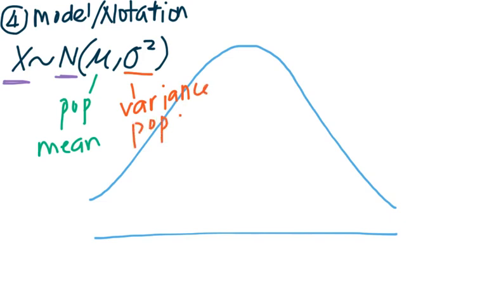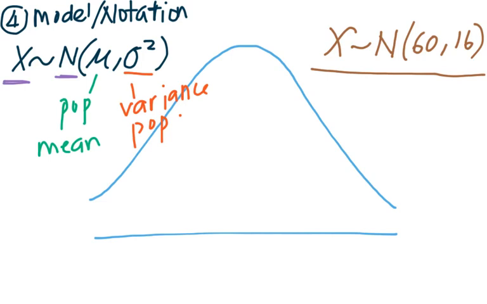Let's say I give you x and 16. We don't know what the variable x is, but we know that x is normally distributed, and it is a continuous variable, having mu, the population mean, equal to 60, and population variance 16.